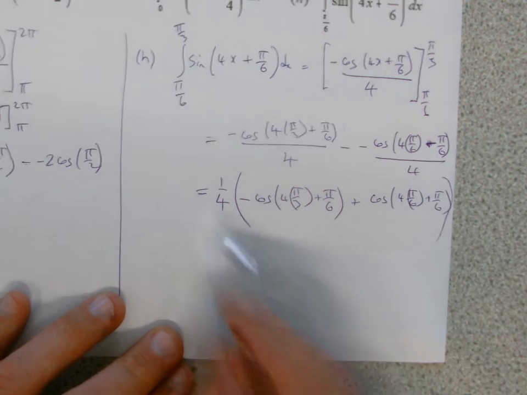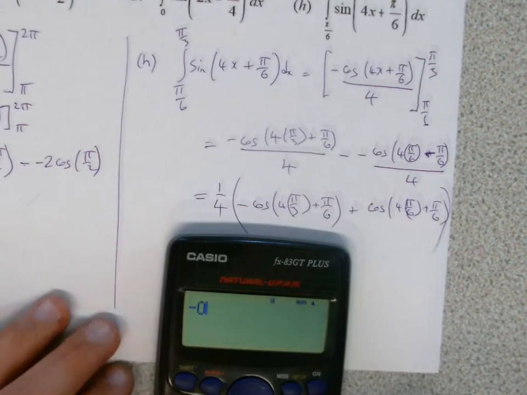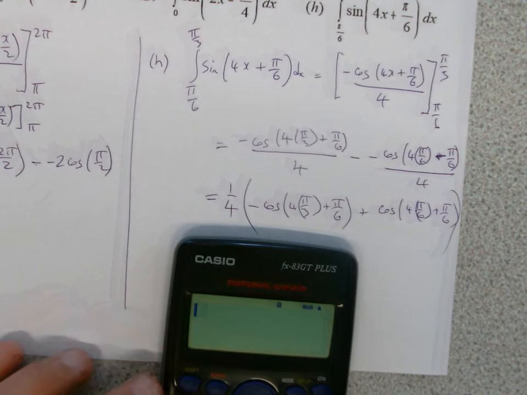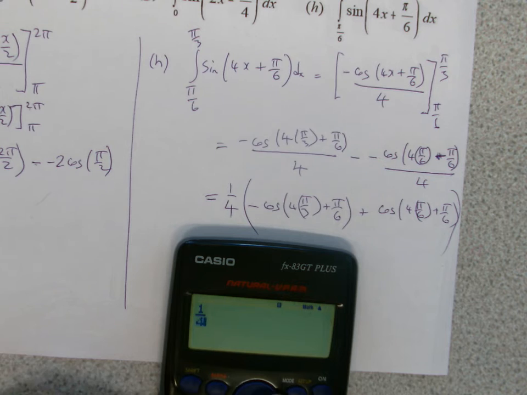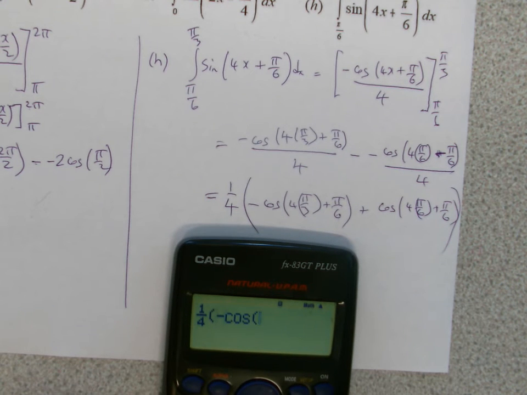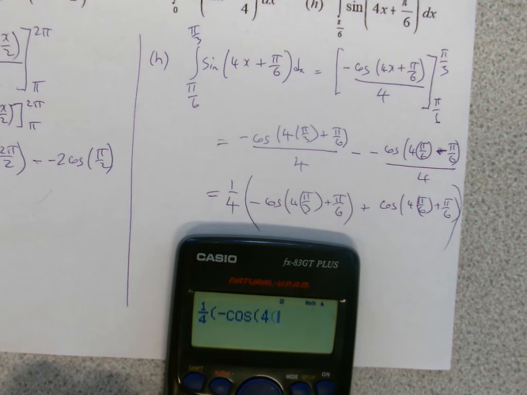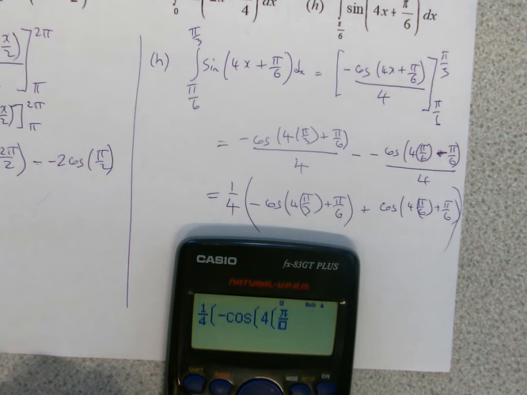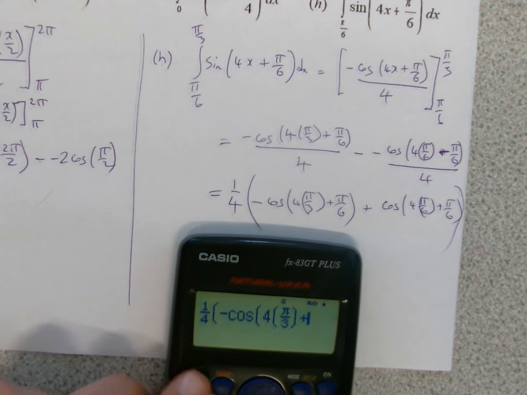Okay, so multiply it all by a quarter. So I've got 1/4 bracket, then minus cos, brackets, then 4, and then we'll have another bracket, pi over 3. So we close that bracket, plus then pi fraction over 6.